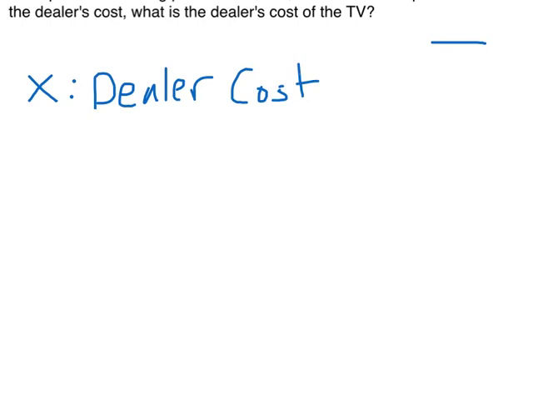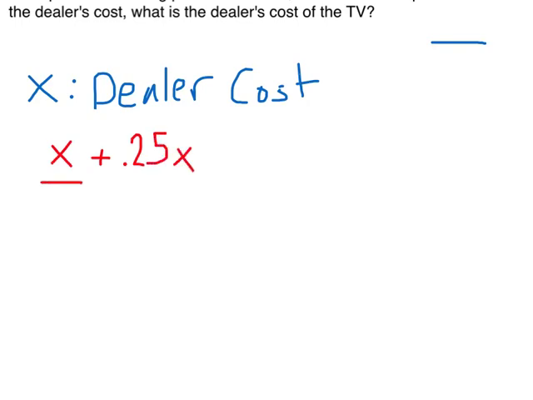So if we start with X amount, that's the dealer's cost, and we mark that up 25%, that means we are going to add 25% to the dealer cost. So we're going to go 0.25x.